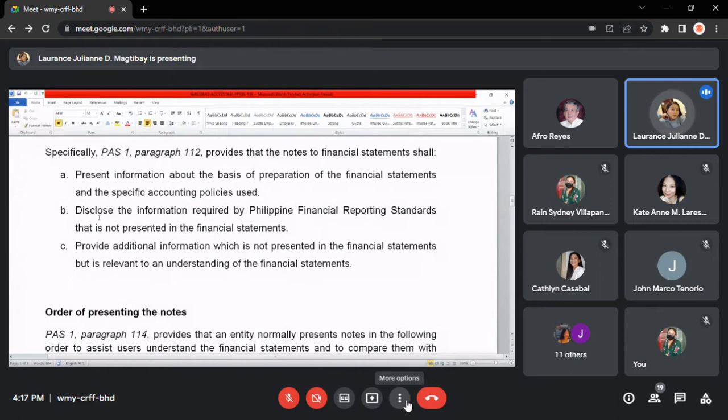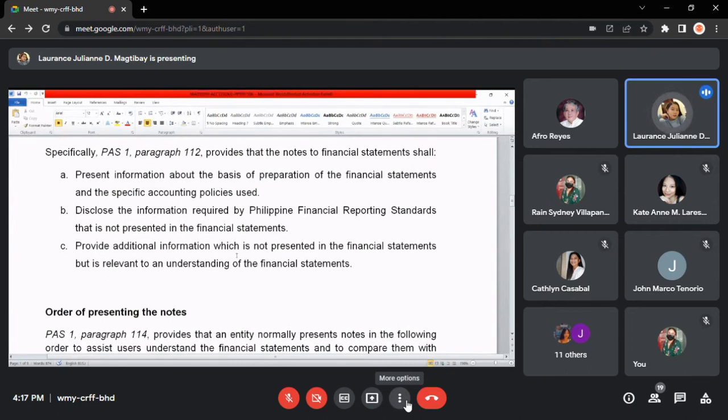B, disclose the information required by Philippine Financial Reporting Standards that is not presented in the financial statements. And C, provide additional information which is not presented in the financial statements but is relevant to an understanding of the financial statements.